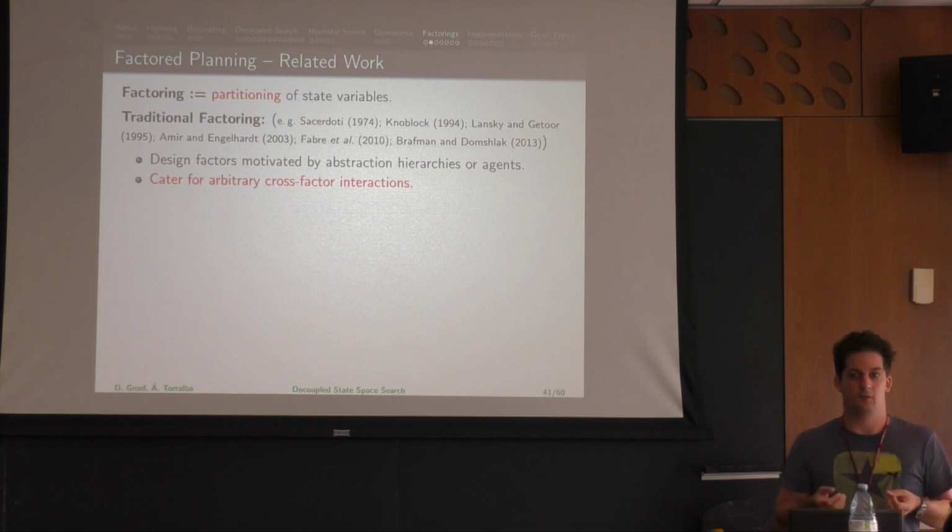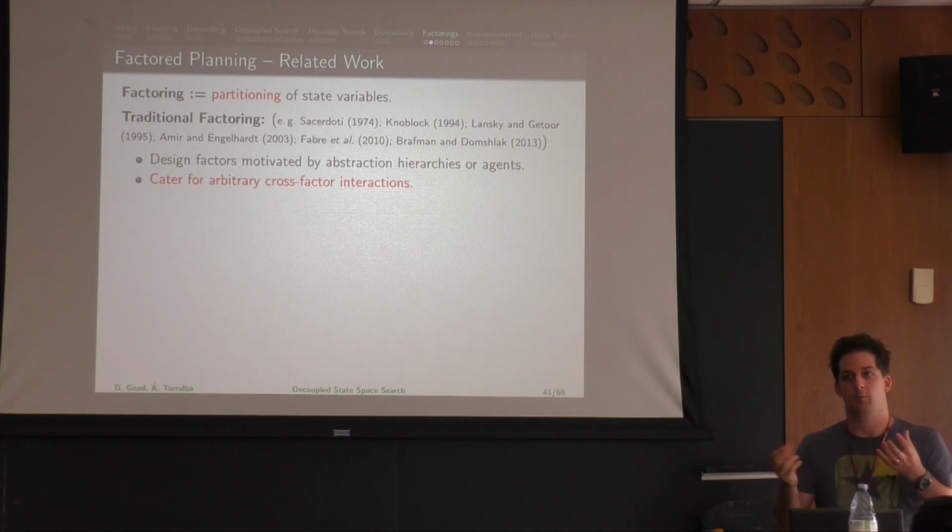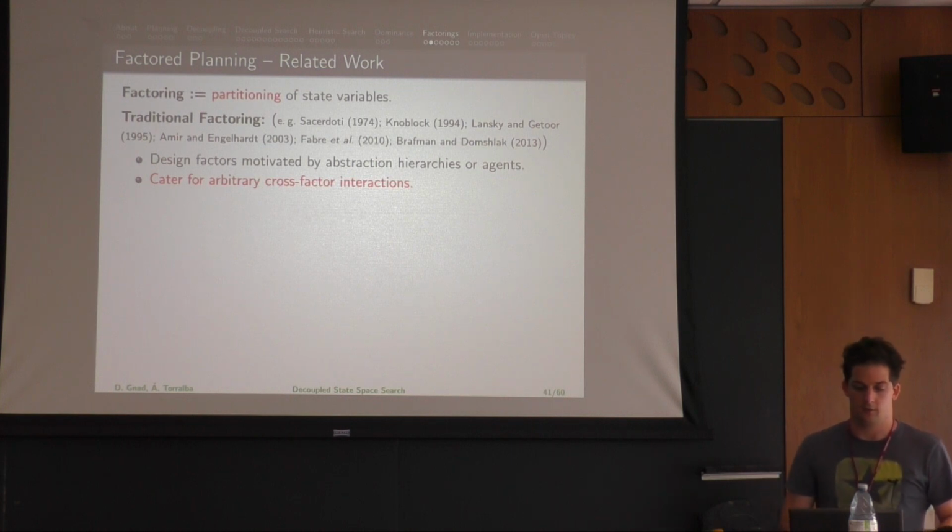The biggest difference to what we do in decoupled search is really that they did not require any kind of dependency structure between their factors. So intuitively, this was really motivated by multi-agent planning, where you just have the agents that interact with each other in whatever possible way. So direct interaction between agents, cross interaction across multiple agents, and so on.